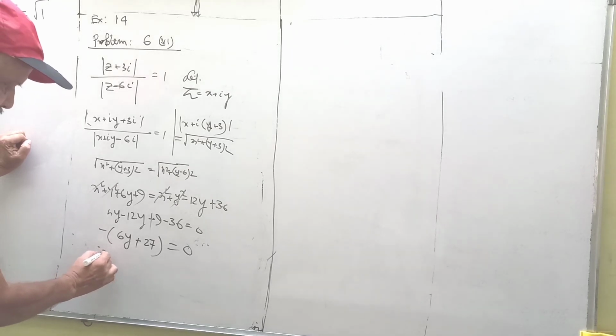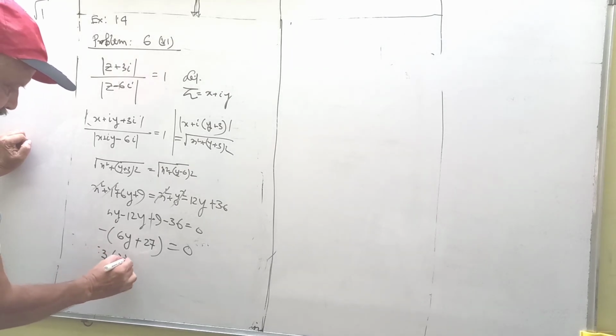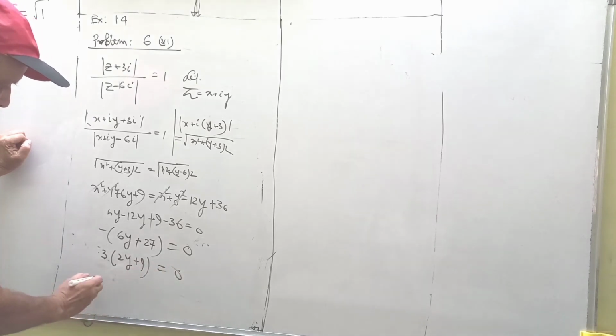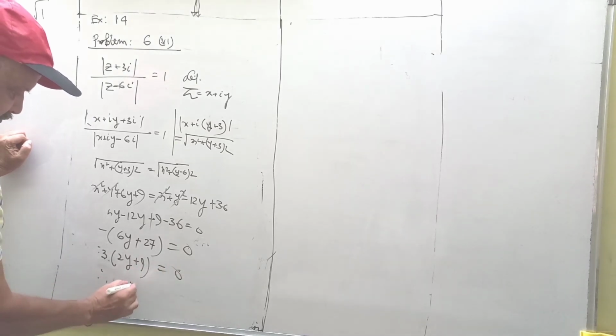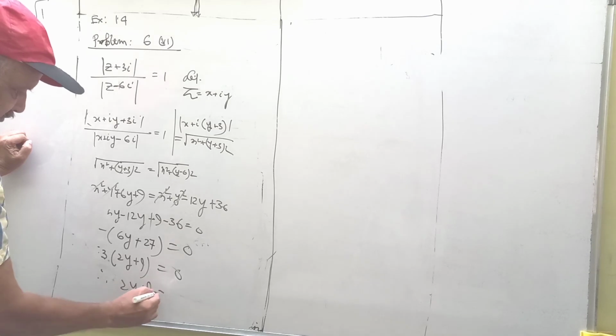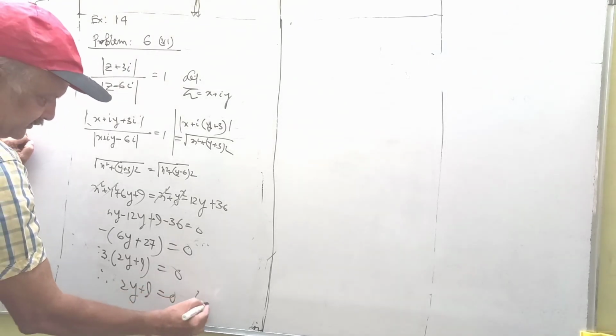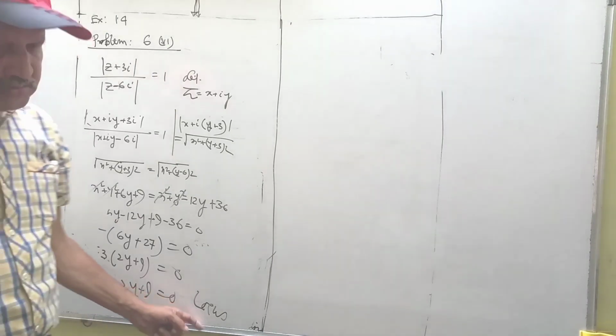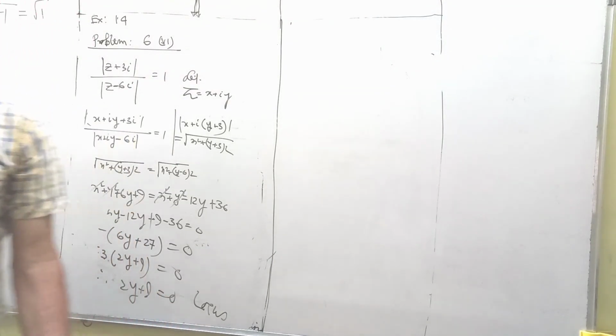Again taking 9 common, 2y minus 3 equal to 0. Hence the locus is 2y minus 3 equal to 0. That is my locus, and this is also a linear equation. That means it is also the equation of a straight line.